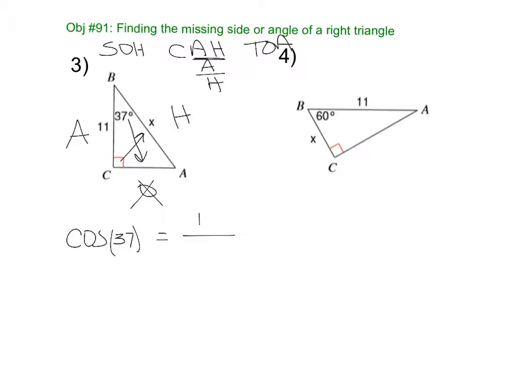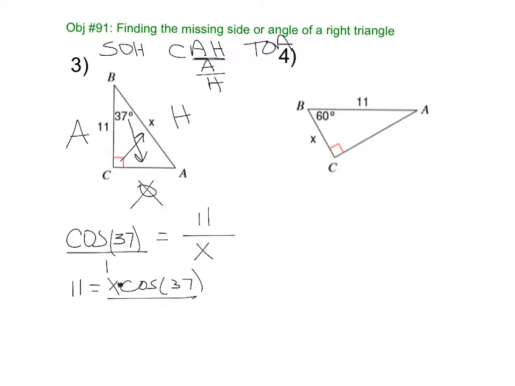So I've got 11 over X. So now X is on the bottom, so this one takes one extra step. I'm going to put this over 1 and cross multiply. 1 times 11 is 11. X times cosine of 37 is X cosine 37. Whenever things are touching, that means multiplication.